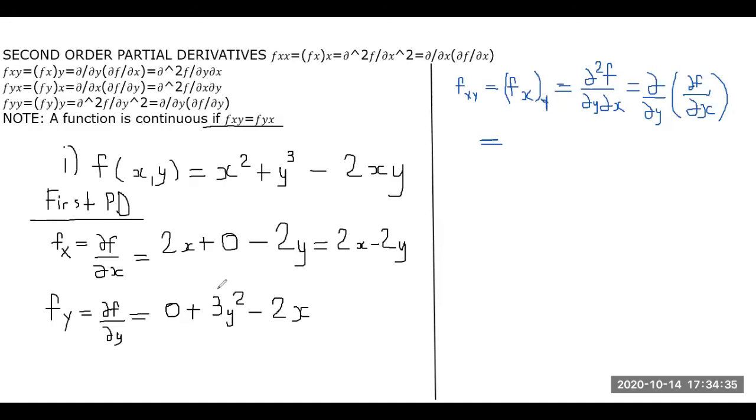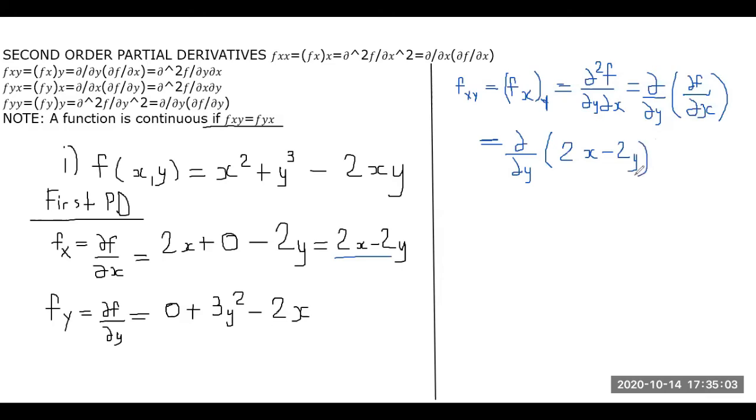Now we had already found ∂f/∂x, and remember fx is 2x minus 2y. So all we need to do is find ∂/∂y of ∂f/∂x, where ∂f/∂x is 2x minus 2y. So it's ∂/∂y of 2x minus 2y.